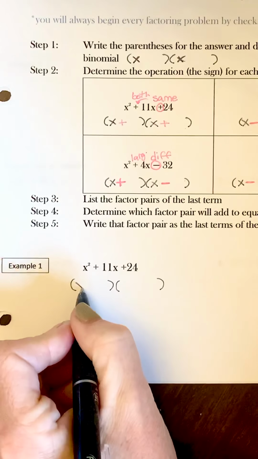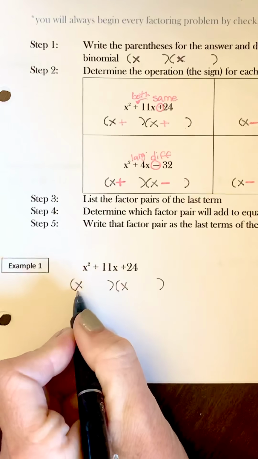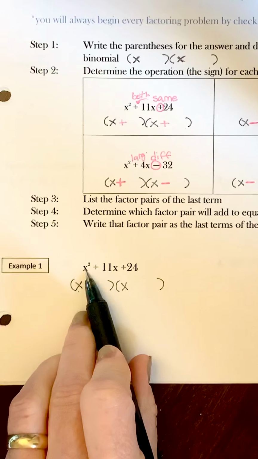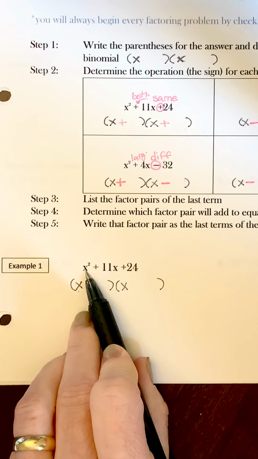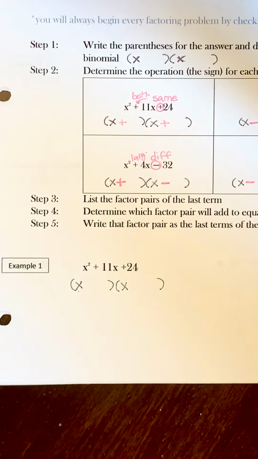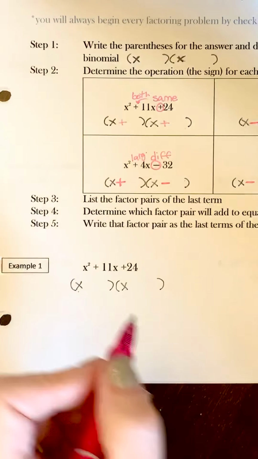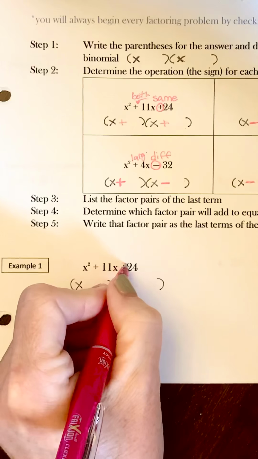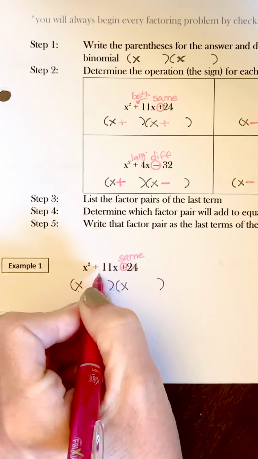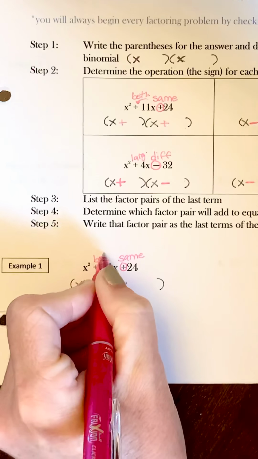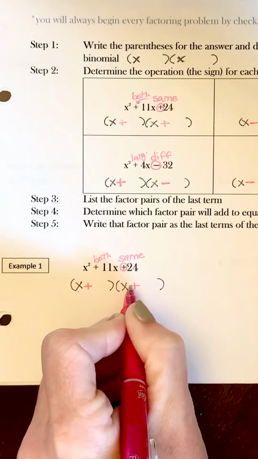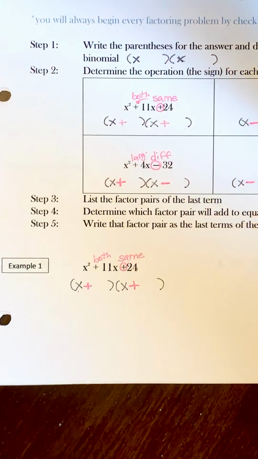The first term is x squared, so I know that's going to be x times x, because first terms will give me the first term of my answer. Okay, then we look at the signs. Step 2 is determine the sign for each binomial. This tells me they're the same. And this tells me they will both be positive. So I know my signs are going to be plus and plus.